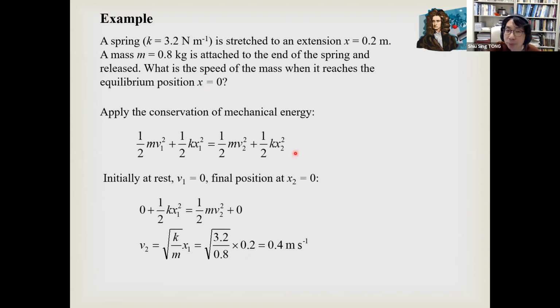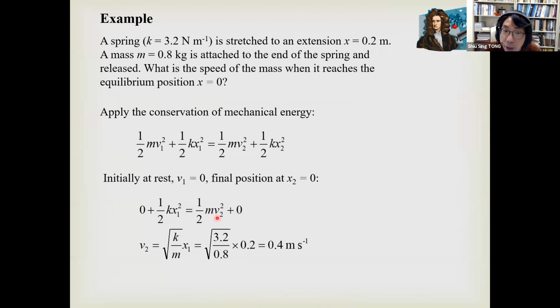So I apply the conservation of mechanical energy. Initially, I release the block from rest, so the initial speed is 0. The initial potential energy is half k x1 squared, where x1 is equal to 0.2 meter. This is the initial extension. The final extension is 0, so the final potential energy is 0.